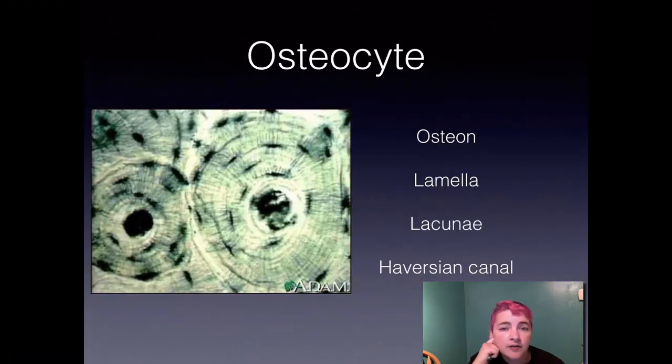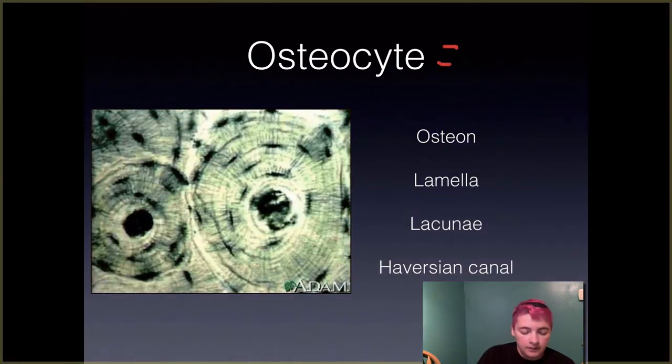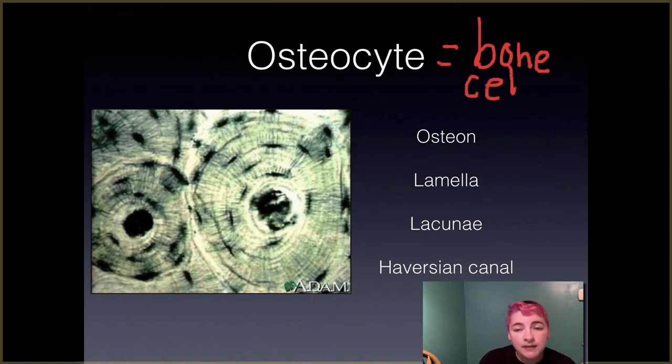On a cellular level, osteocyte is the word for bone cell. If you remember back from tissues, this is the bone tissue. Looking at the parts and pieces, the darkened circles here in the center are the Haversian canals.